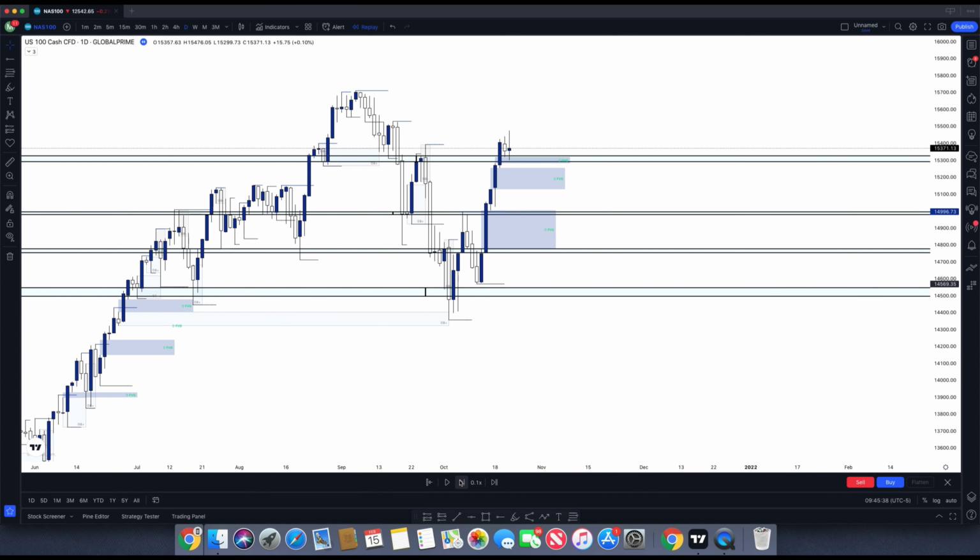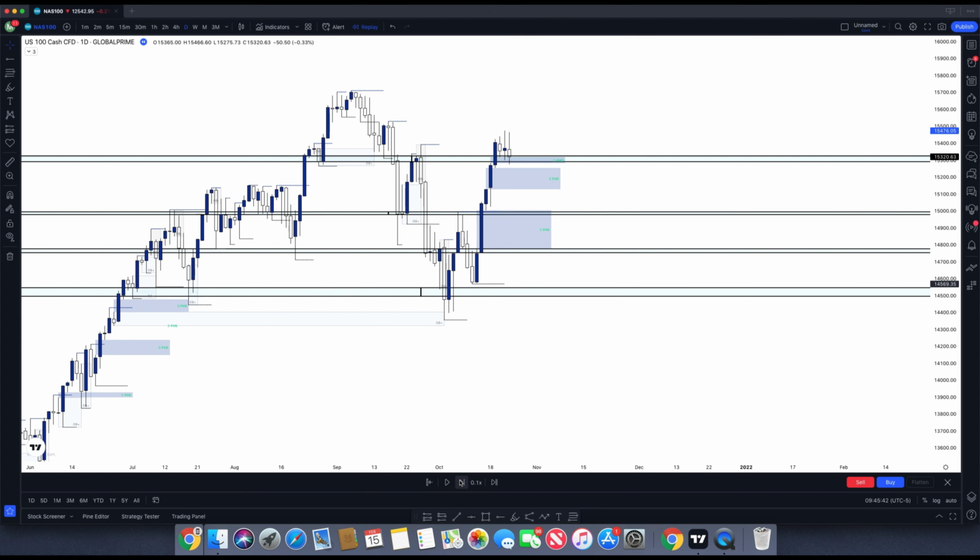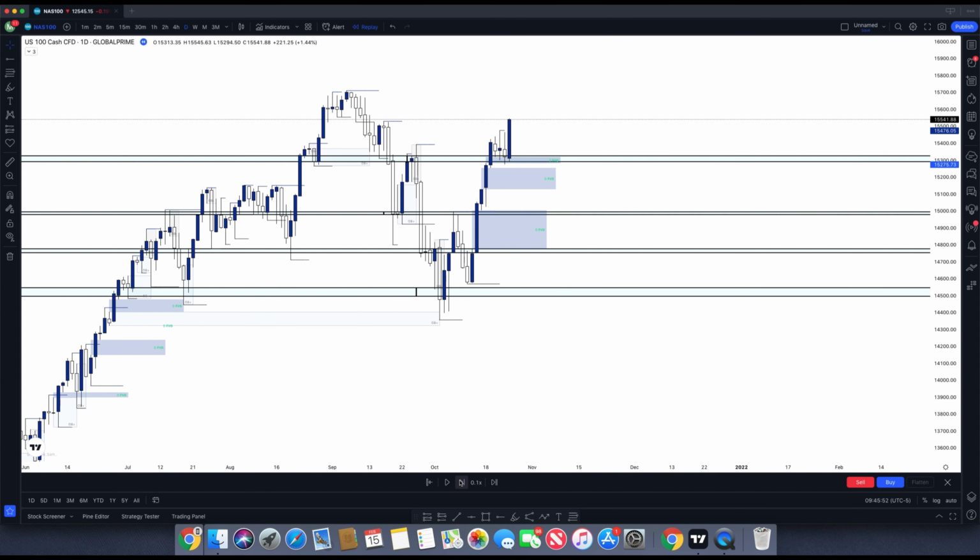Okay, let's give it a little bit of chop here. Okay then, never mind. The market just wants to go completely towards these highs.